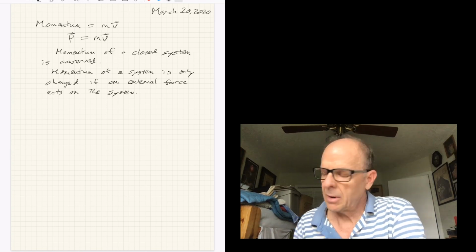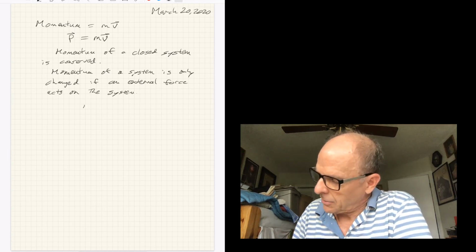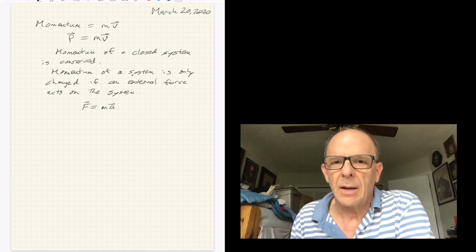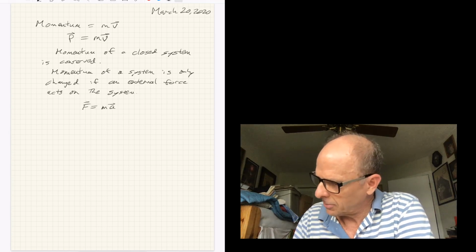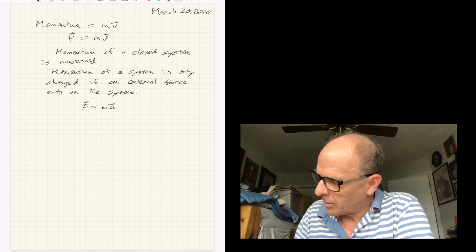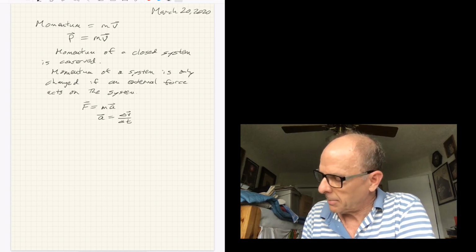So we remember that Newton's second law says that force is equal to mass times acceleration, and that has a certain similarity to momentum here. Momentum is mass times velocity, and we remember that acceleration is a change in velocity over some period of time.